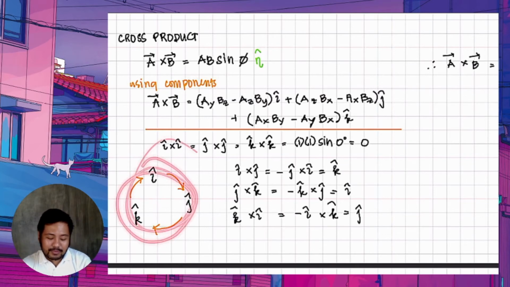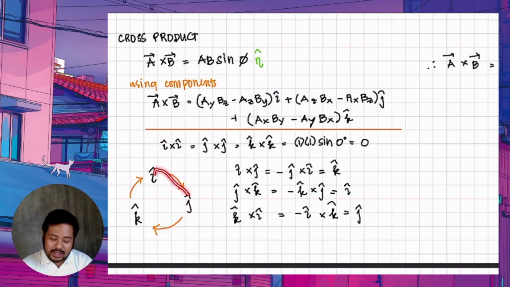There's a summary here, wherein if you cross i and j, it will result in k hat. That's why if you have two-dimensional vectors present only in the x and y axis, it's either in the negative k or positive k direction. I'm sorry for the dogs. Okay? And then if you have j cross k, it will result in i hat, and k cross i will result in j hat.